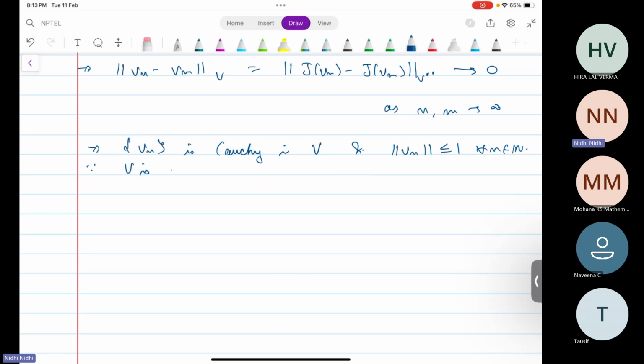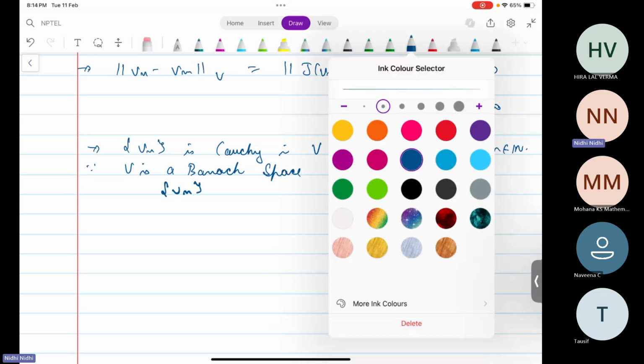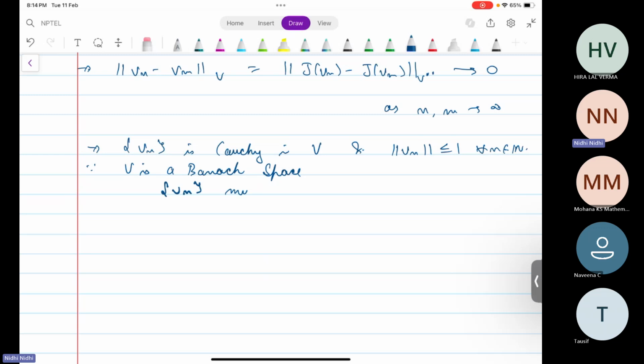Since V is a Banach space, we have Vn must converge to some V in V, and norm V should be equal to the limit as n tends to infinity of norm Vn, which should be less than or equal to 1.